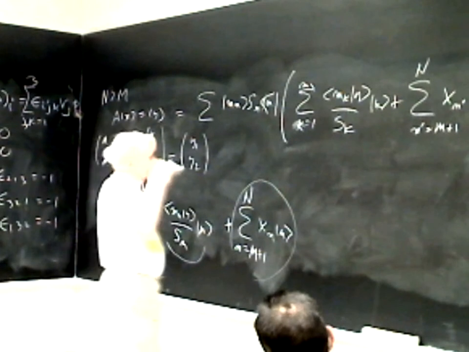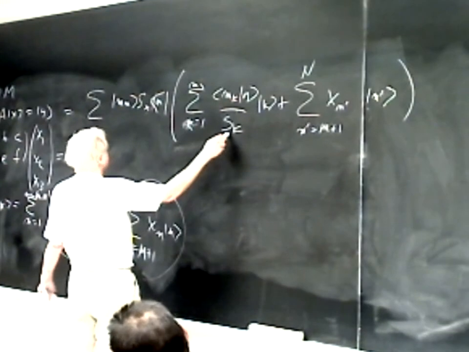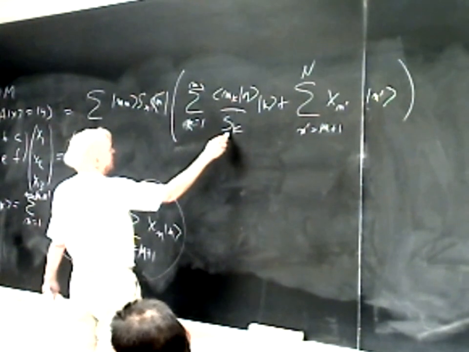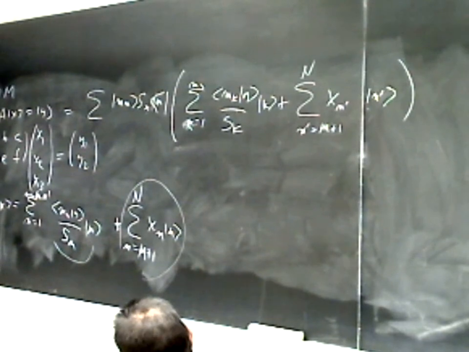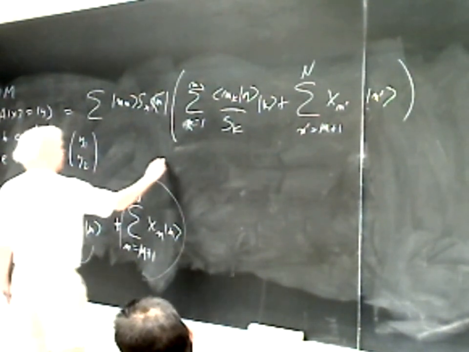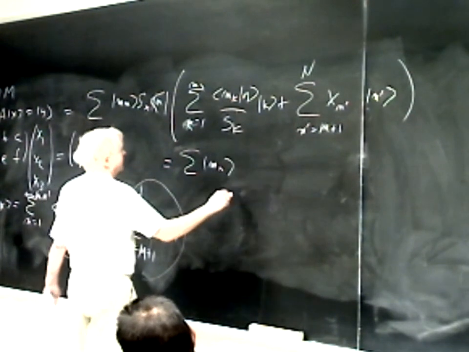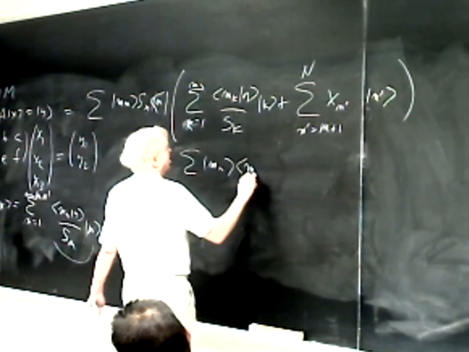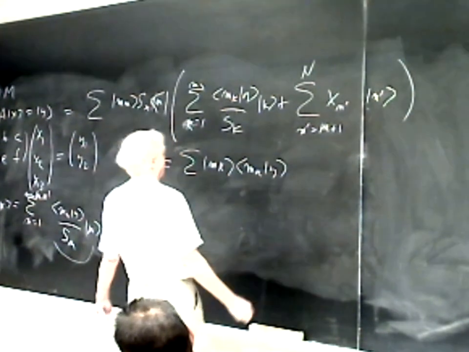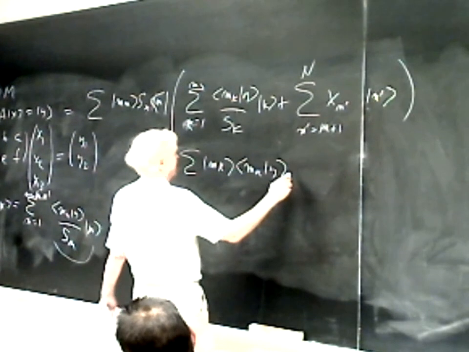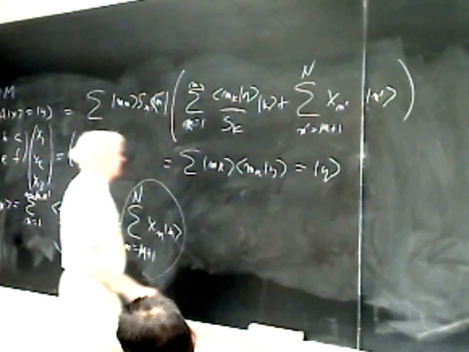So this one would then give us delta nk, the sk's would cancel, that would be mk, m sub k y, and this effectively would be the vector y.